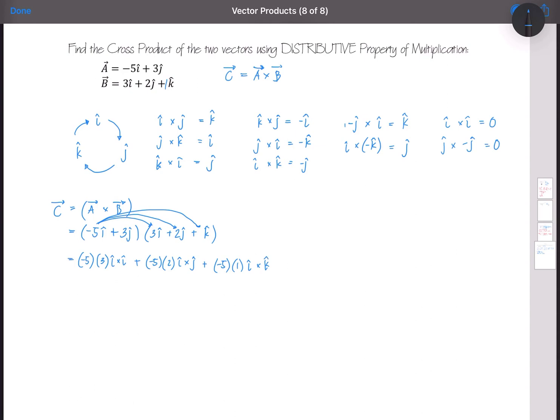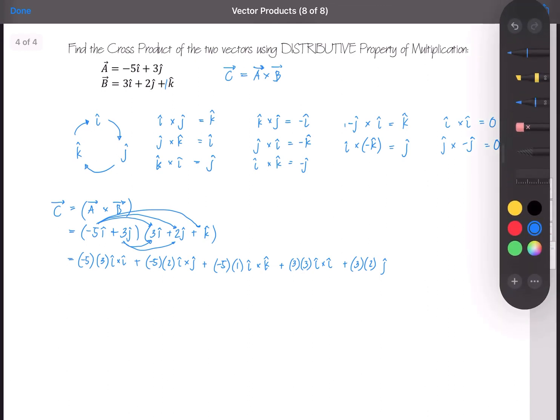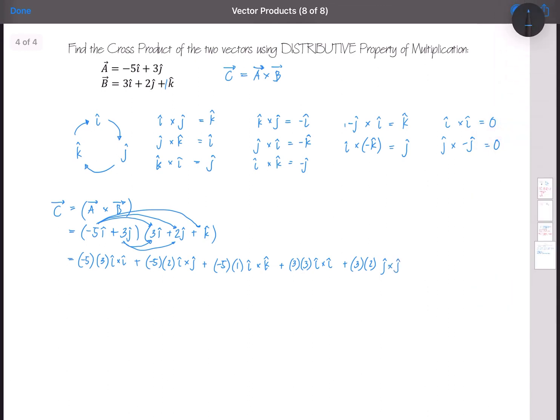Then next, for the second term, we have 3 times 3 times i hat times i hat. And next, plus 3 times 2 times j hat times j hat.